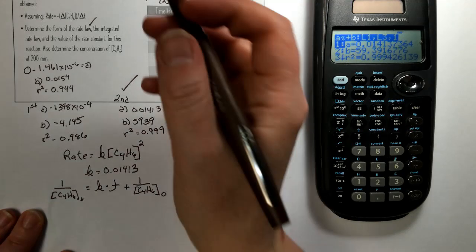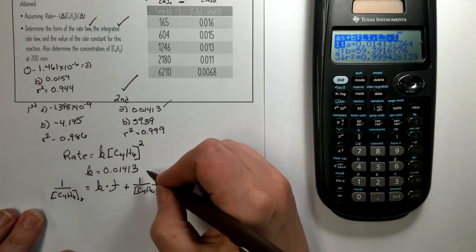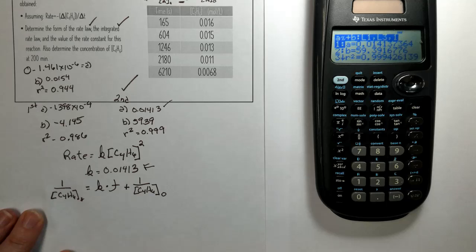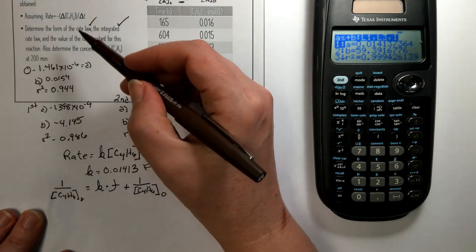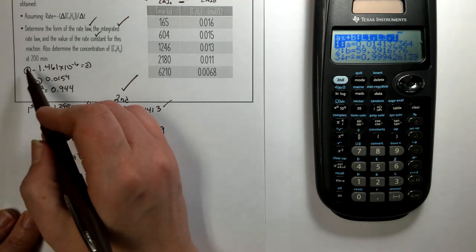So that is the form of the rate law. We've gotten the integrated rate law. The value for the rate constant is this guy right here, and our last piece is to determine the concentration at 200 minutes.